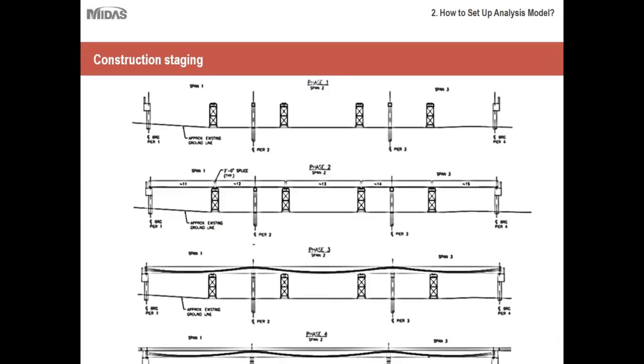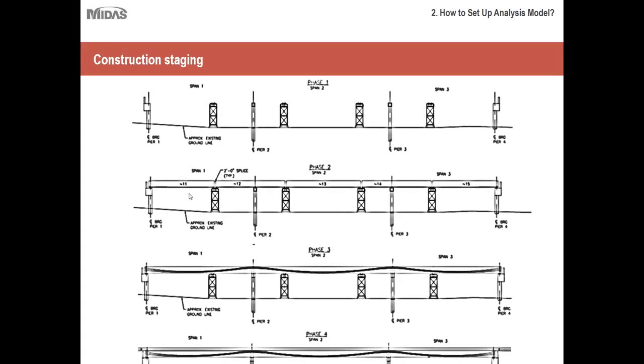If you look at the standard construction staging scheme as presented by major DOTs, it is as shown here. It is the same bridge that we were talking about in the layout. It is a 3-span bridge. First stage, you should have your abutments, pier, or interior supports, and the shorings in place.